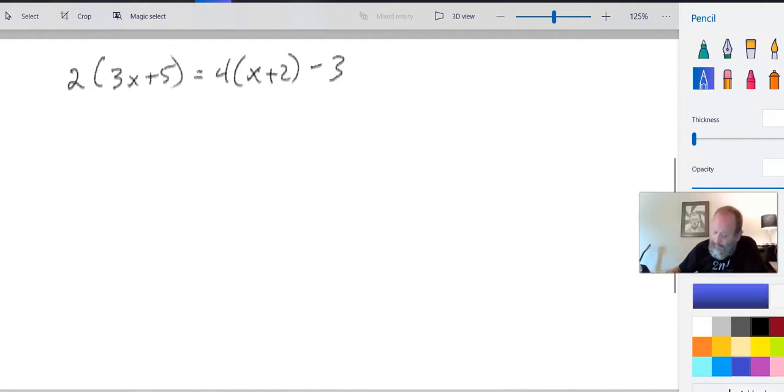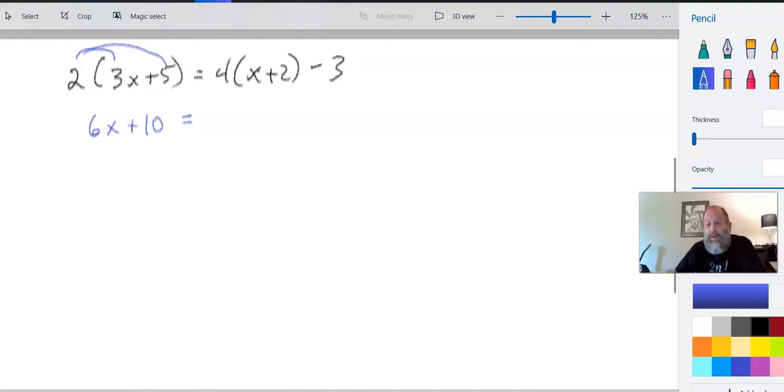So let's see what we got here. Now looking at this again, my goal is to get the x's on one side and the numbers on the other. I need to be able to get to the x's in the first place. So I am going to distribute. That gives me 6x plus 10 on the left-hand side.